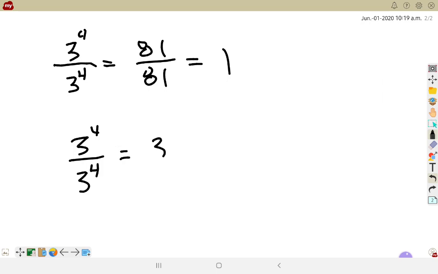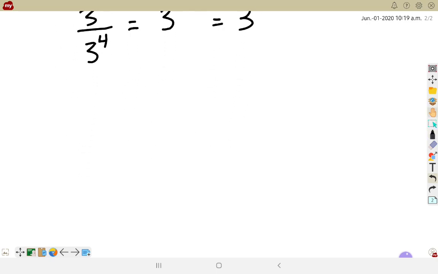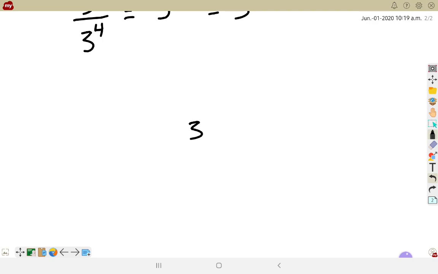my quotient law says since the bases are the same, I can subtract those two exponents. And when I subtract those two exponents, I get 3 with an exponent of 0. Well, if I was to write that out in a line, right? So here's 3 exponent 4 over 3 exponent 4. We said that's 81 over 81, and we said that's 1.